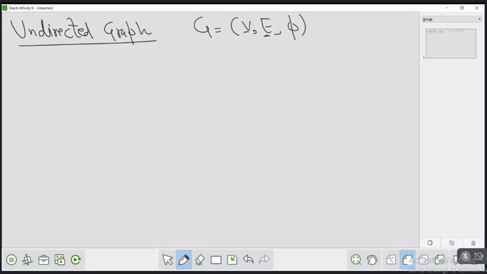So here, the relation is between a pair of vertices.